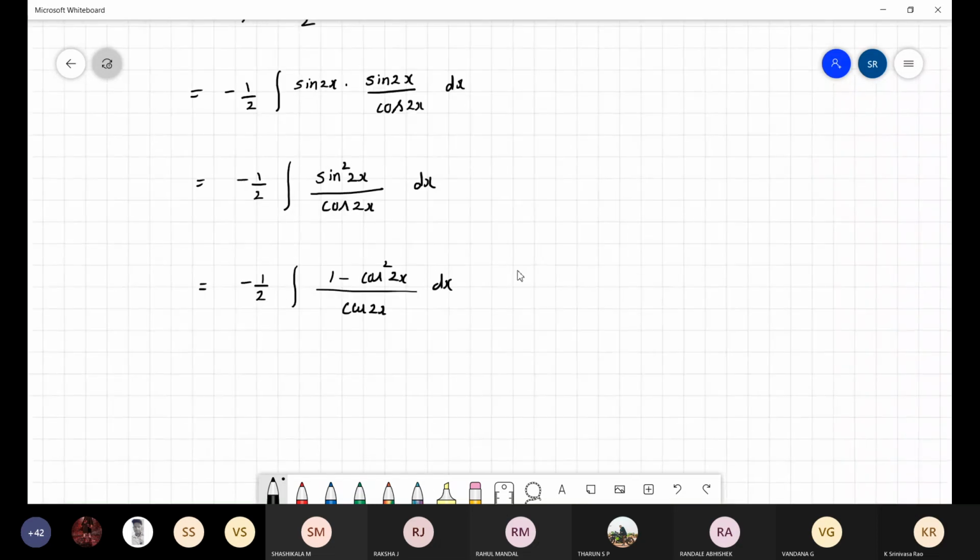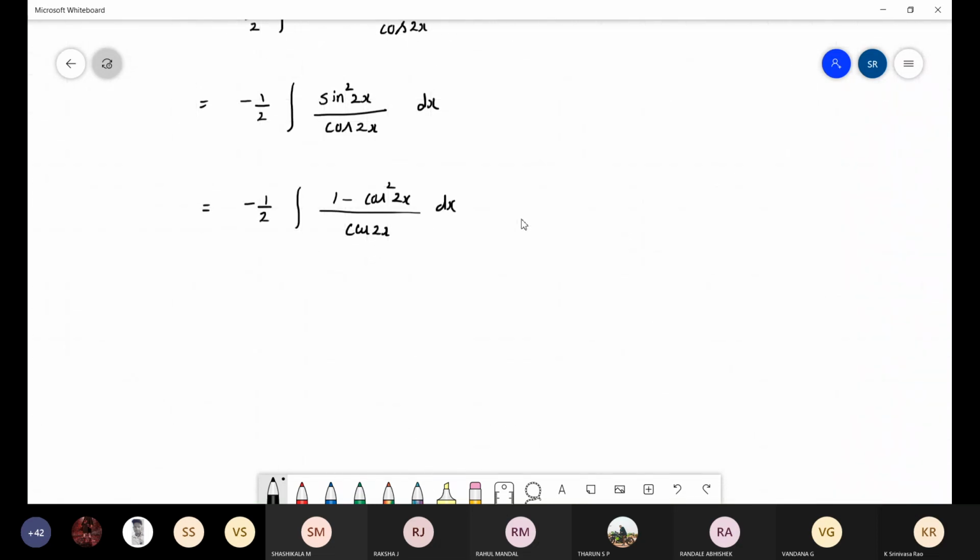So that becomes, you can split the denominator: minus 1 by 2 into integration of 1 by cos 2x minus cos square by cos 2x, which means you will get cos 2x. Okay. If you split the denominator, you can cancel. Or if you want, you write that one more step.